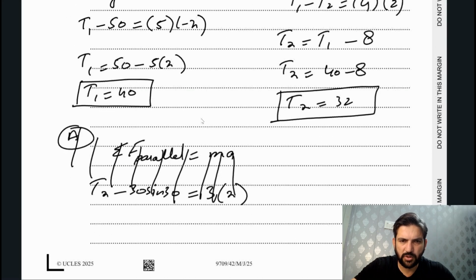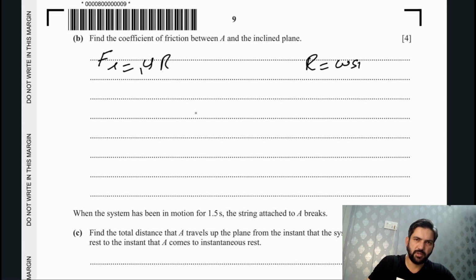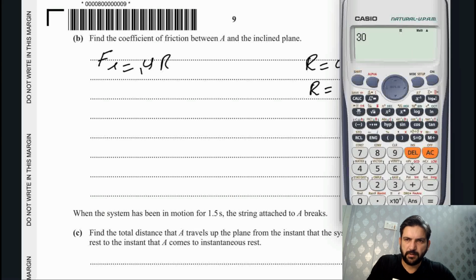R will be equal to W sine of 30 because it will be equal to the vertical component. So R is equal to 30 sine of 30. So 30 sine of 30 will be what? 30 multiplied by sine of 30.